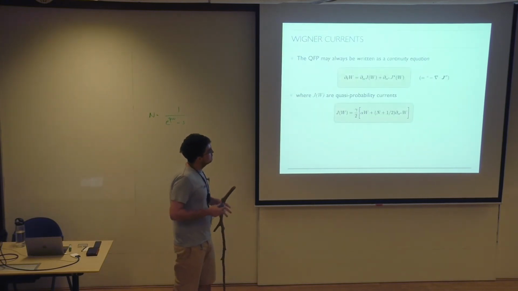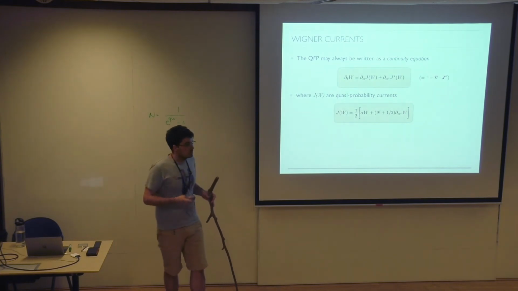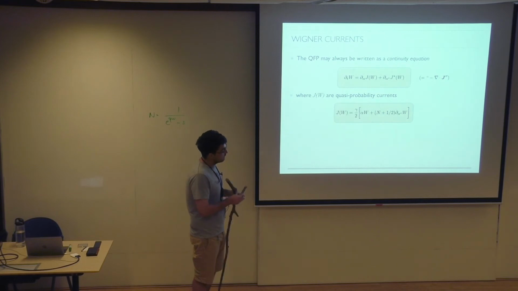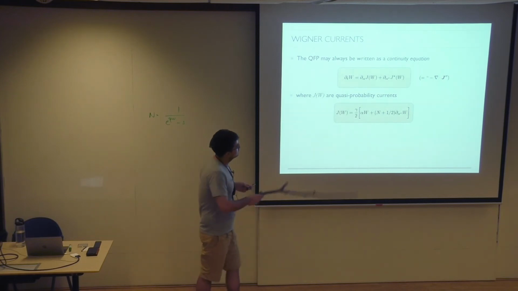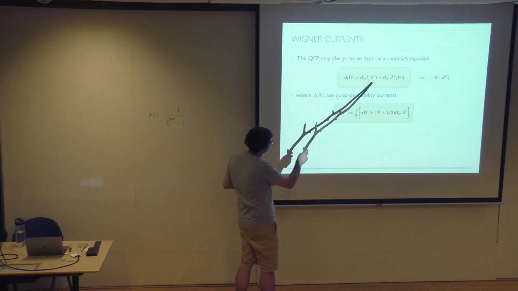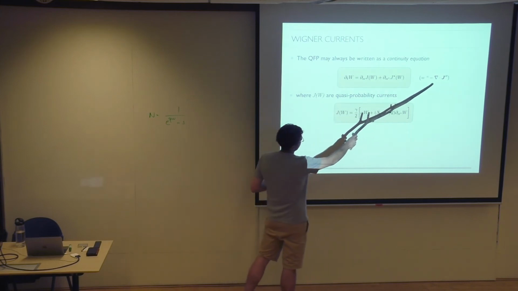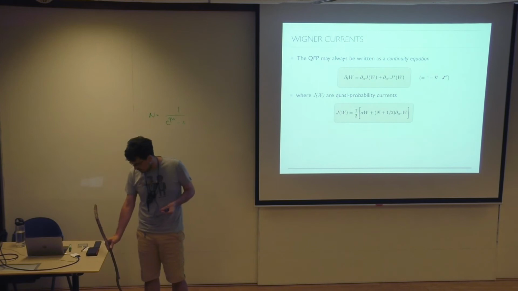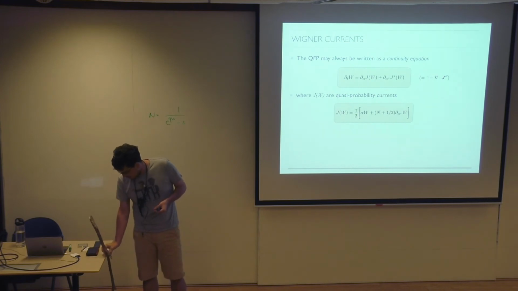Another very interesting thing that one can do with Fokker-Planck equations is to write them as a continuity equation. So the same equation I wrote before can be split into this form, where I know it doesn't look like it, but this is kind of a divergence in the complex plane. I mean, if you write it down in terms of real and imaginary parts of alpha, this is nothing but a divergence.